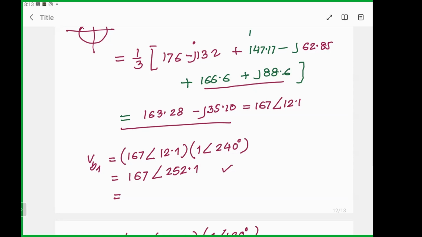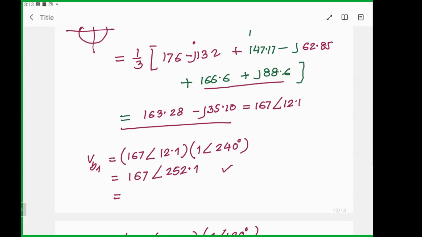My feeling is 35.1 divided by 163.28, and then it should be tan inverse. No, it's giving me positive 12.1. Yeah, I must have got something wrong.